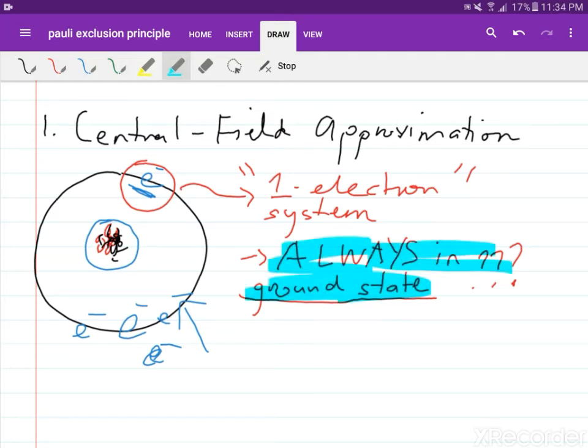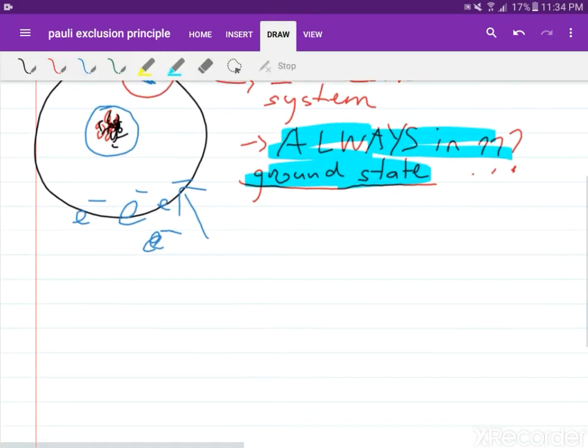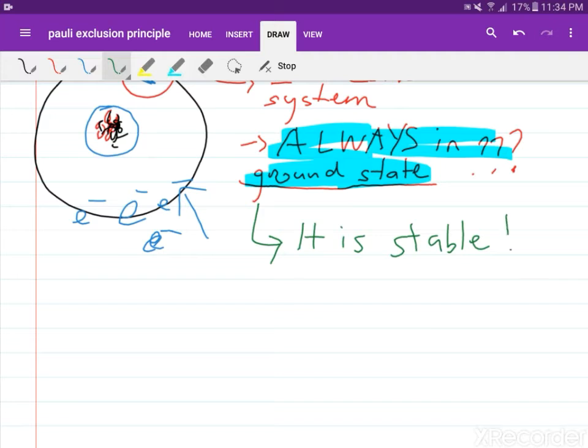So they will always be in the ground state. When something is in the ground state, we may say that it is stable. But upon adding more electrons, we don't observe stability in atoms.